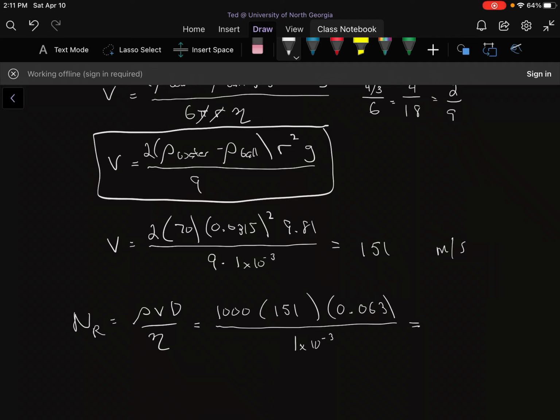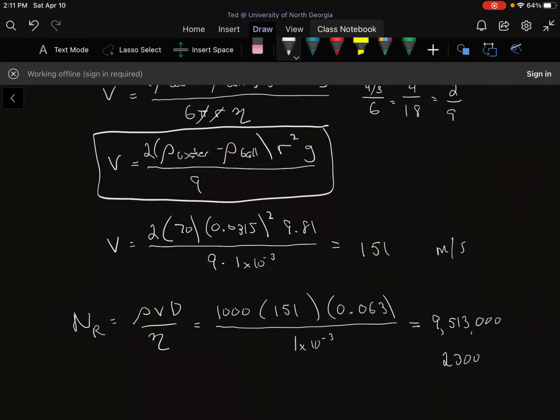So let's see what the Reynolds number is. 1,000 times 151 times 0.063 divided by 0.001. Oh yeah, the Reynolds number here is 9,530,000. So do you think that might be bigger than 2,300? I think so.